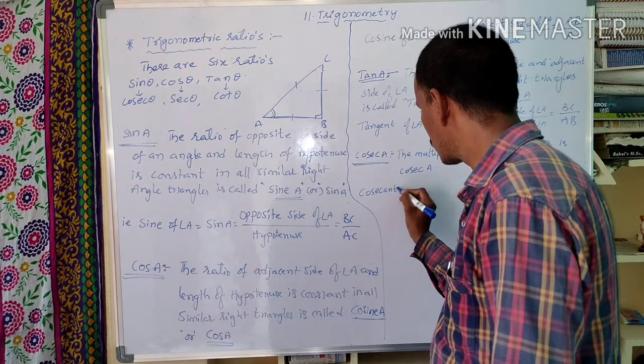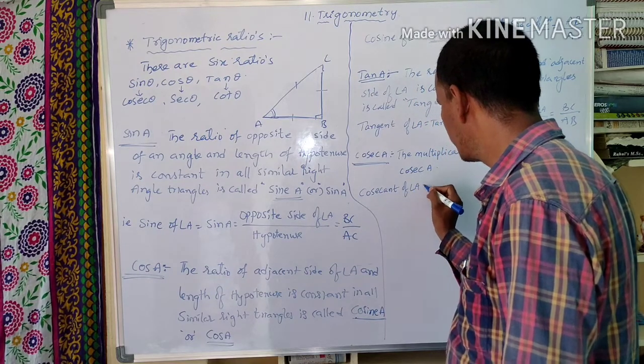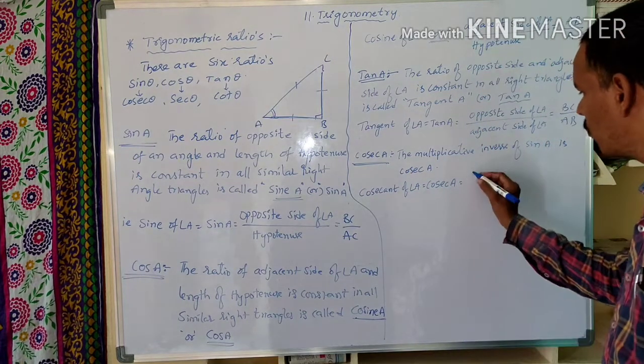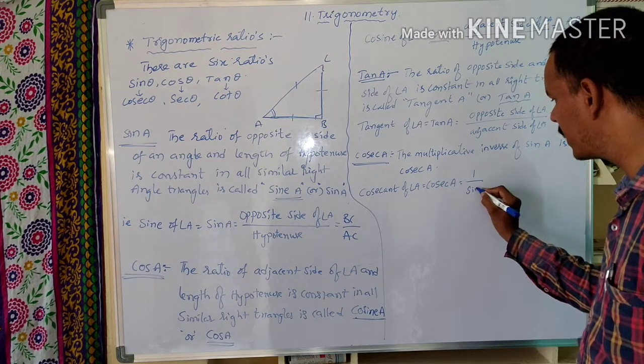Cosecant of angle A is cosec A, which is equal to 1 by sin A.